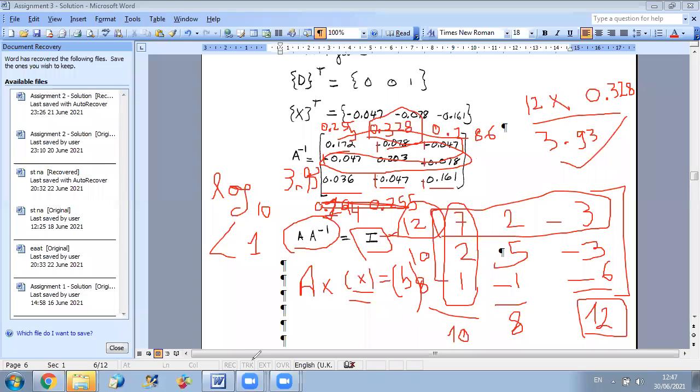You can demonstrate that the maximum variation that x will undergo is a multiple of the condition number. So if b varies 1%, you expect x will vary the condition number times 1%. So the higher it is, the relative variation of x will be the relative variation of b times the condition number of A.